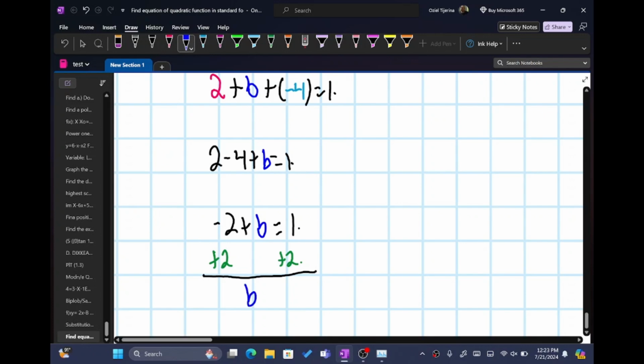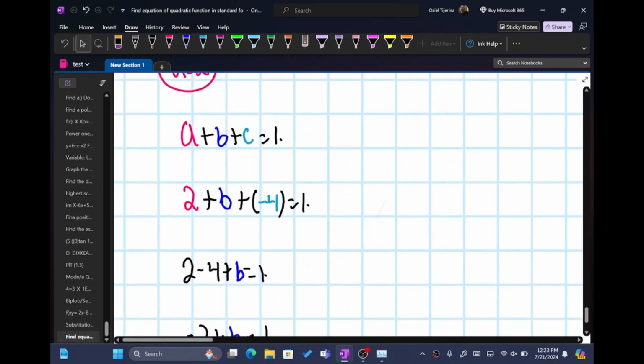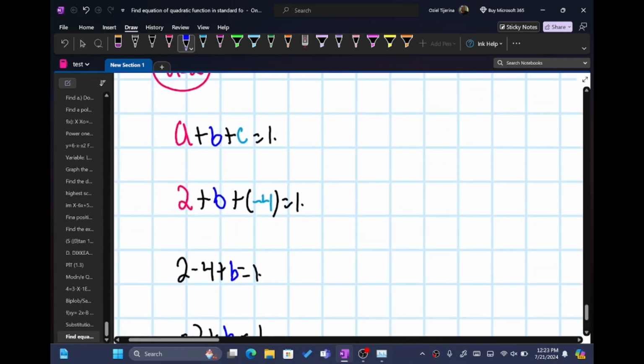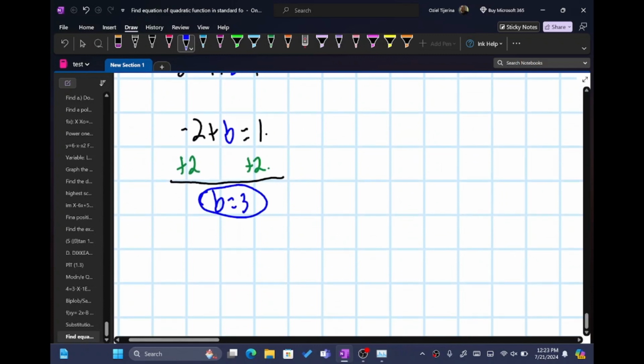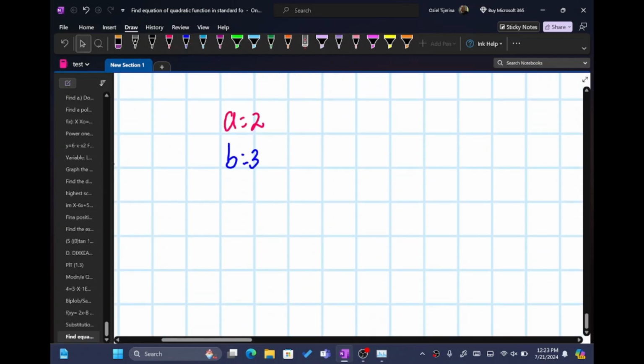So our function, finally, guys: a is equal to 2, b is equal to 3, and c is equal to negative 4.